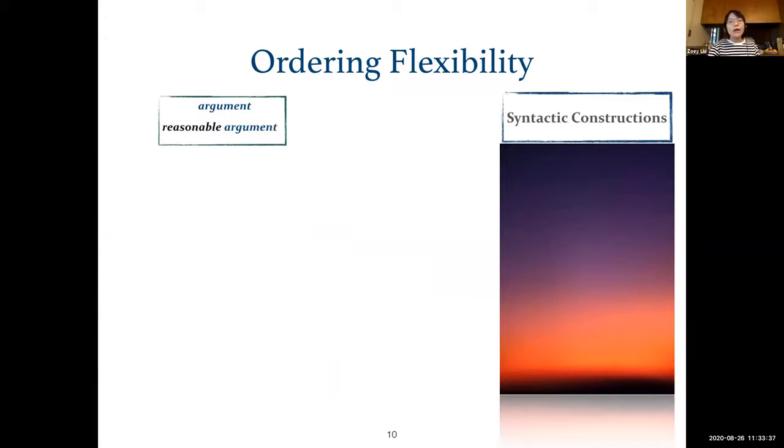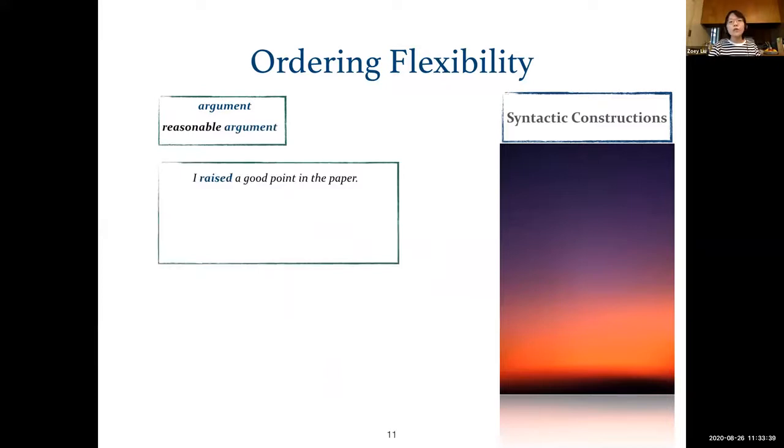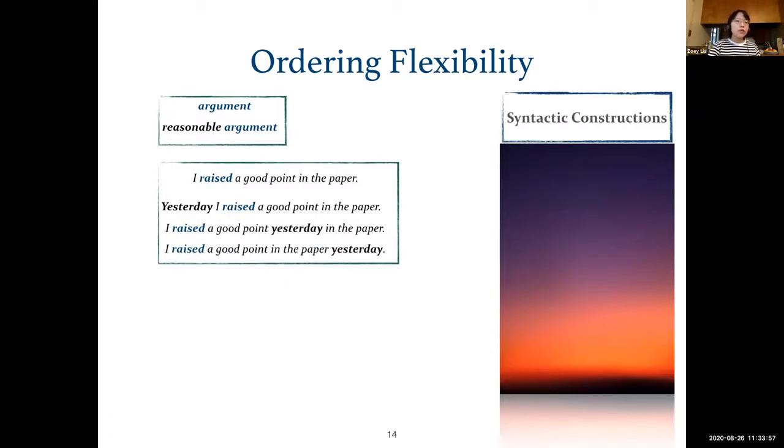On the other hand, if I have a sentence such as, I raised a good point in the paper, where the head verb of the sentence is raised, and I have an adverbial phrase dependent for raised, which is yesterday, I could say, yesterday I raised a good point in the paper, I raised a good point yesterday in the paper. Or I could also put yesterday in the sentence final position. So based on these examples, you could see that yesterday can occur quite flexibly, with similar semantic interpretation for each sentence.